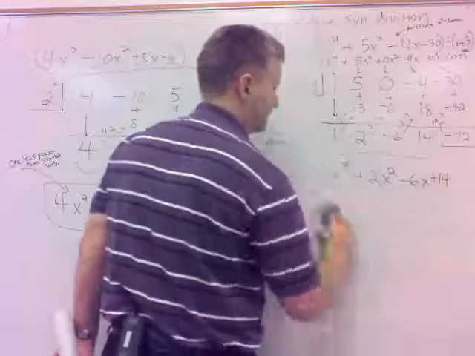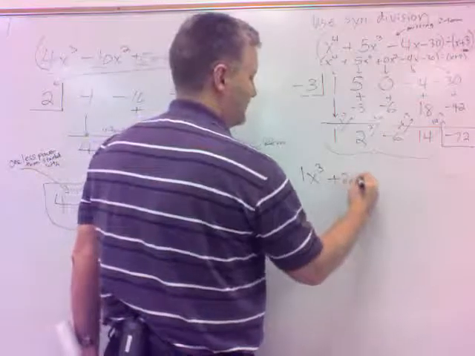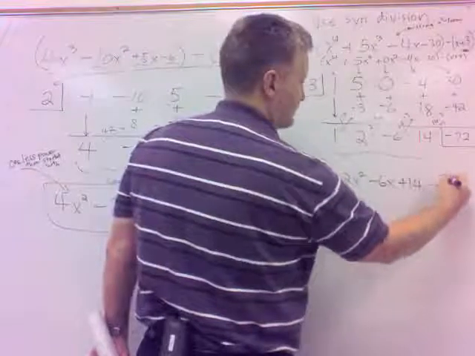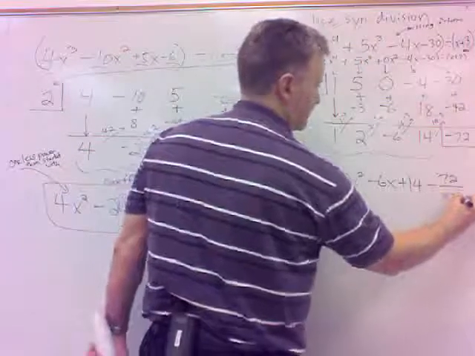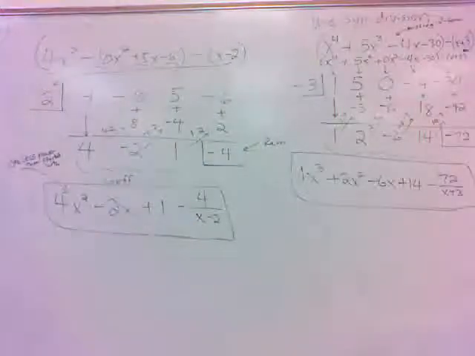Let's scoot that over, because I'm running out of room. 1x cubed plus 2x squared minus 6x plus 14. And then your remainder, minus 72 over your divisor that you started with, x plus 3. How about that? With me okay? All right, well, let me give you a few to practice on.